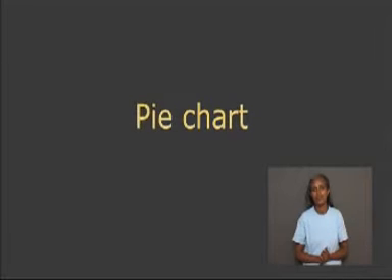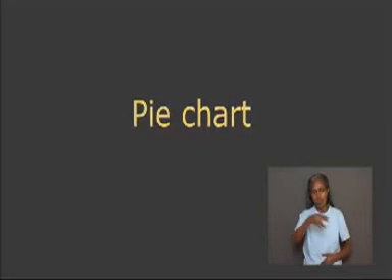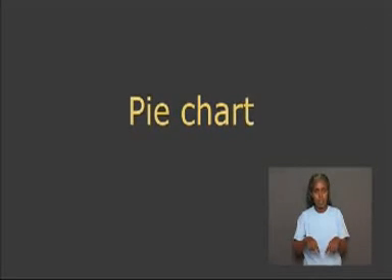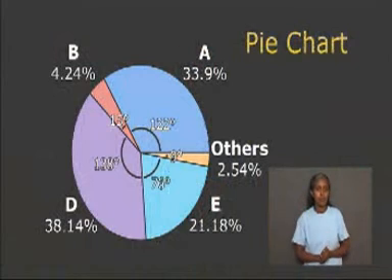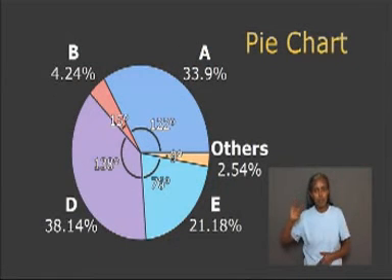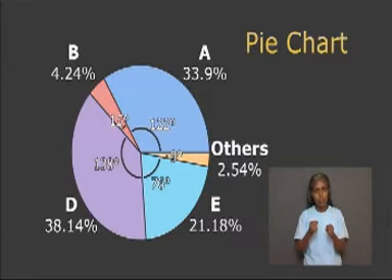The third type of chart that we will study today is the pie chart. You were introduced to this chart in a previous lesson, students. Do you recall what it looks like? A pie chart is a circular chart that is capable of representing many different values of data.